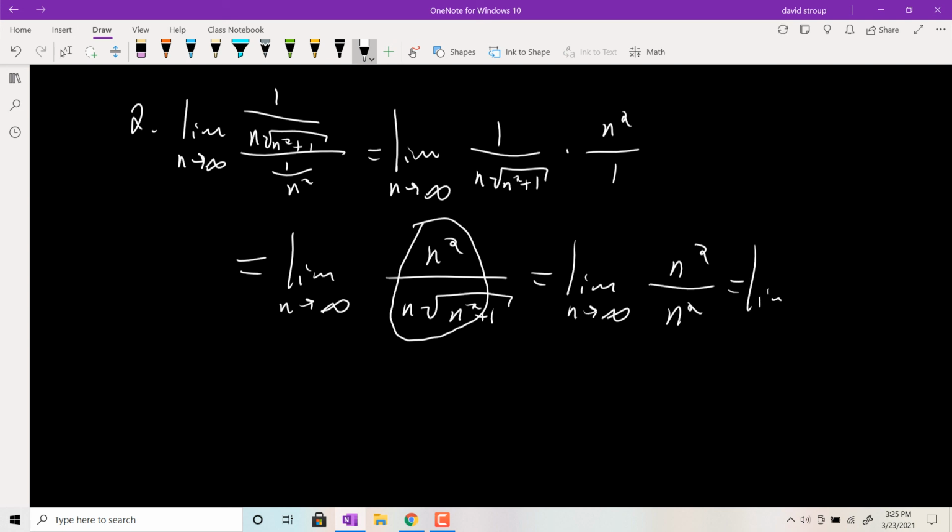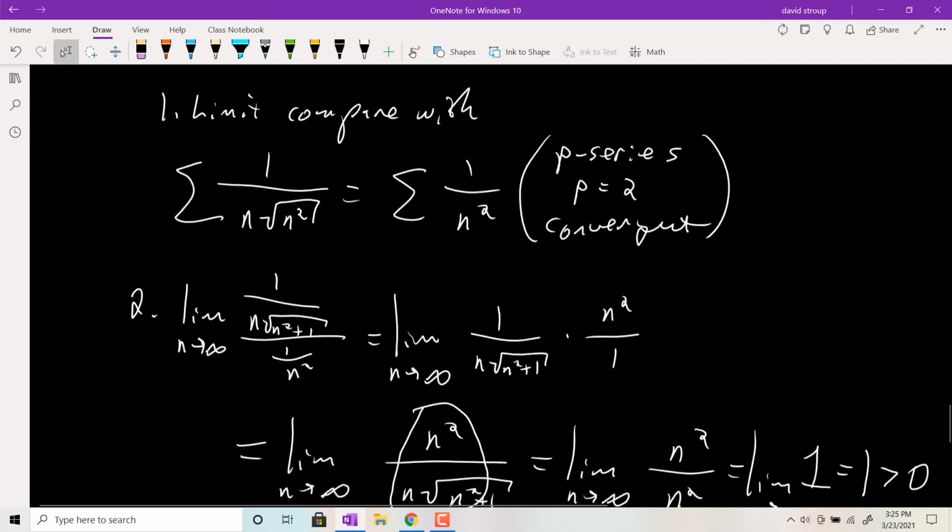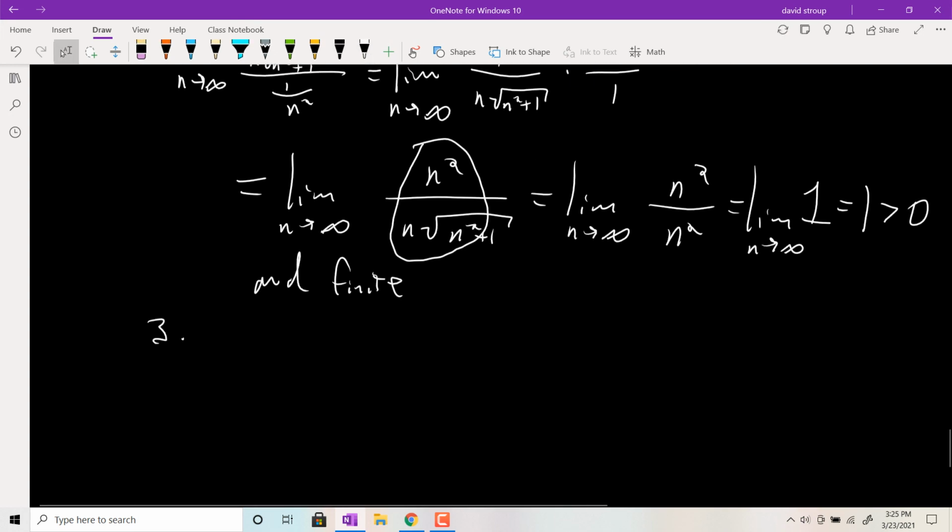So this will just be the limit of 1 as n goes to infinity, which of course is 1, which is greater than 0 and finite. Those two conditions have to hold for it to be a working limit.